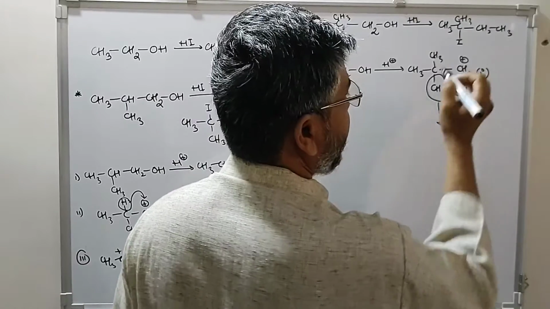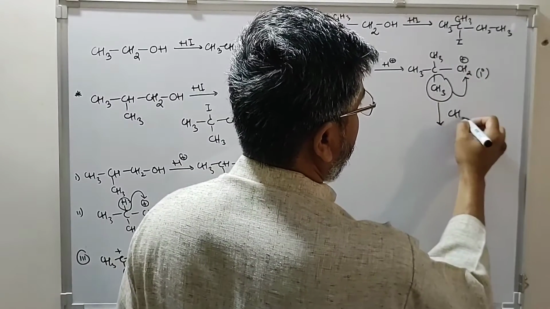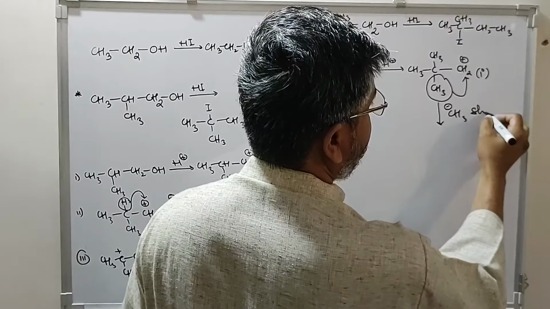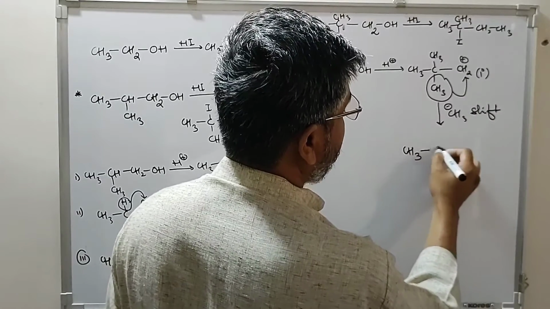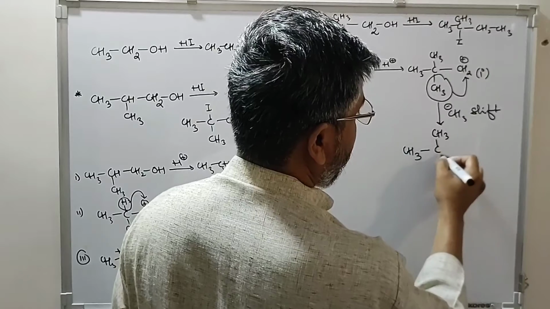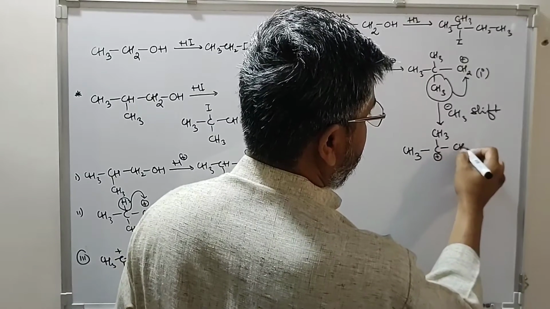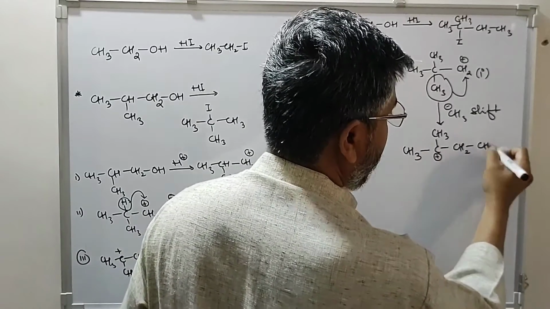CH3 shifts here. By this methyl shift, we get CH3, CH3 positive, CH2 and CH3.